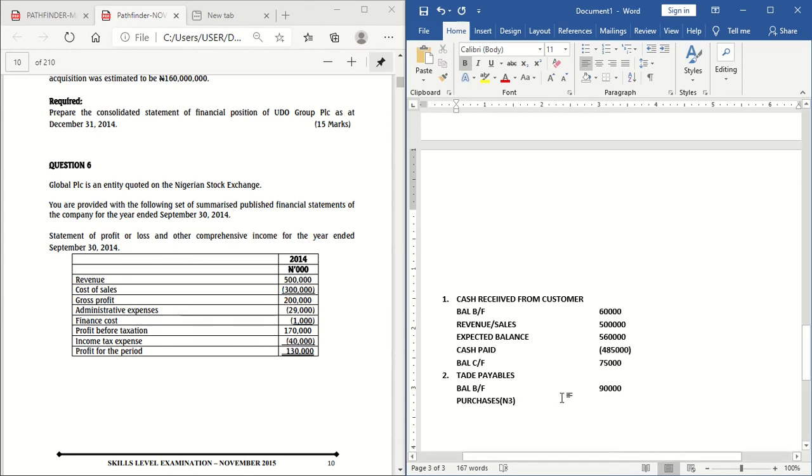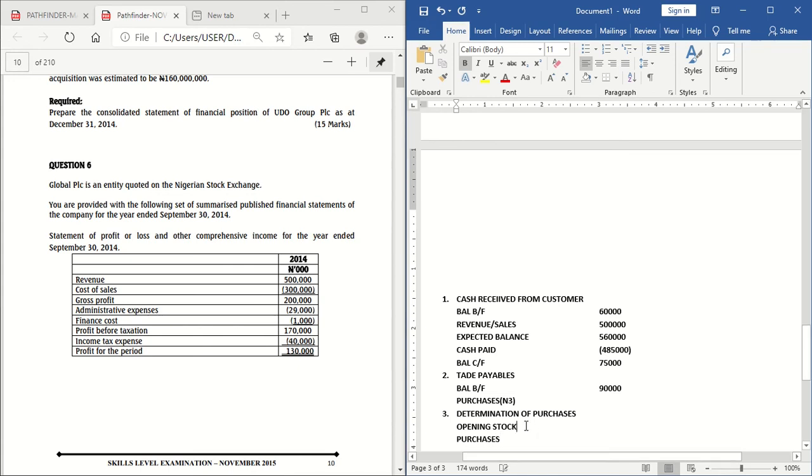Let us go. So working note 3. That is determination of purchases. How do you determine your purchases? Very easy. I will come here. Opening stock. Add what? Purchases.